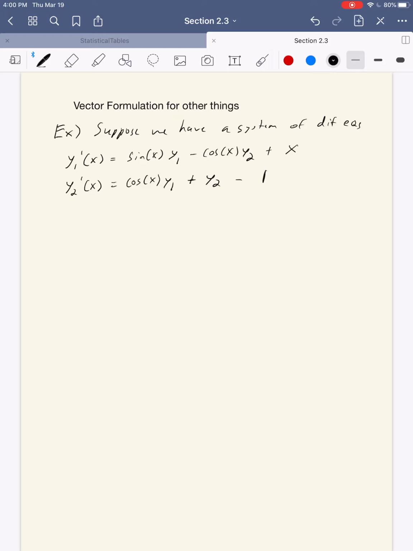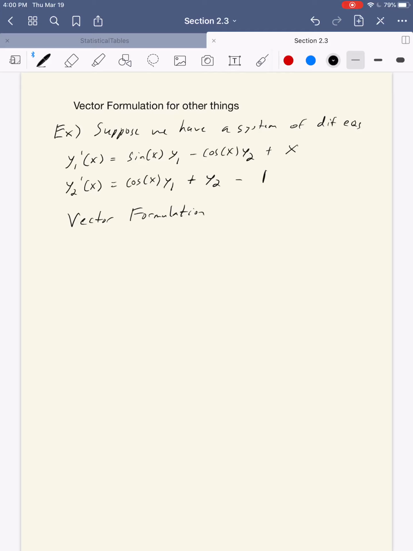So what we have here is a system, but not of algebraic equations, of differential equations. Of course, we could just keep it in this form, but we could also create a vector equation for this. So let's talk about the vector formulation of this.